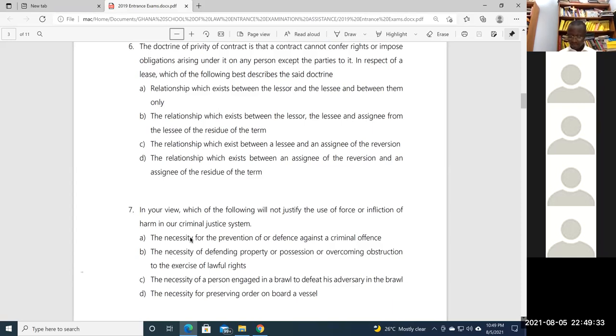If you look at Black's Law Dictionary, 11th edition, page 1453: a mutual or successive relationship of the same right in property as between grantor and grantee, or landlord and tenant, also termed privity of title or privity in estate.